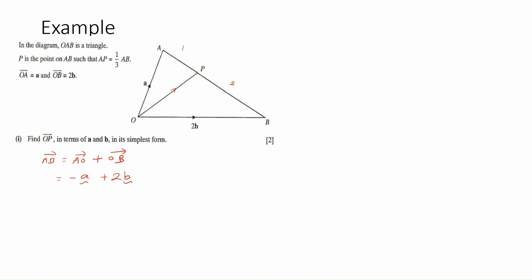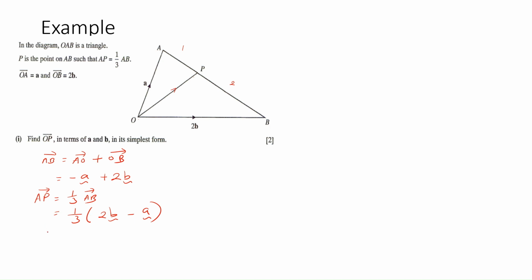Now AB is this. What is my AP? Recall AP is actually 1/3 of AB, which is actually given. So it will be 1/3 of everything. So I can actually just put 1/3 in front of 2B minus A. So this is my AP.